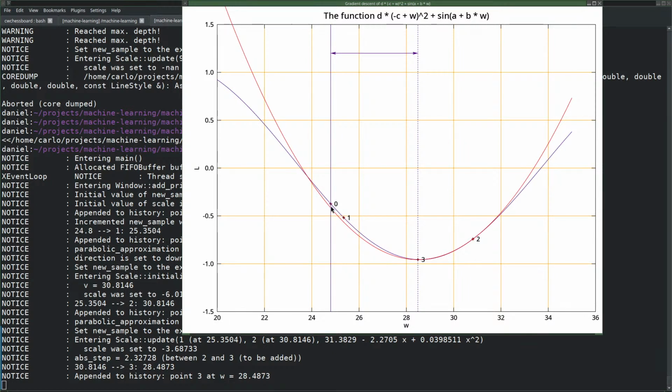It's really tiny. So I say, let's still use 0 as the edge sample, edge being the furthest away from the vertex. And therefore the width is now still from 0 to the new vertex, 3. So the scale was reduced, but only because the vertex moved.